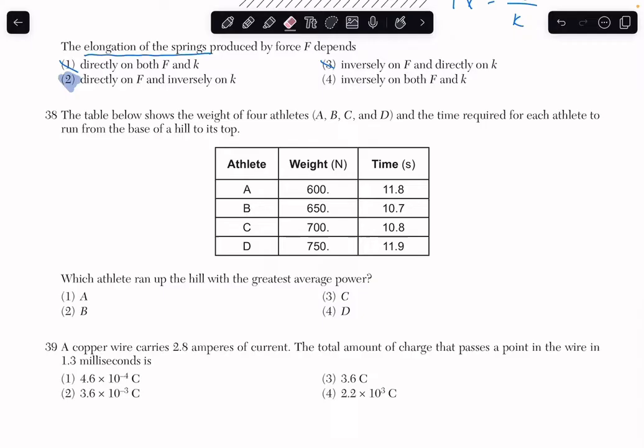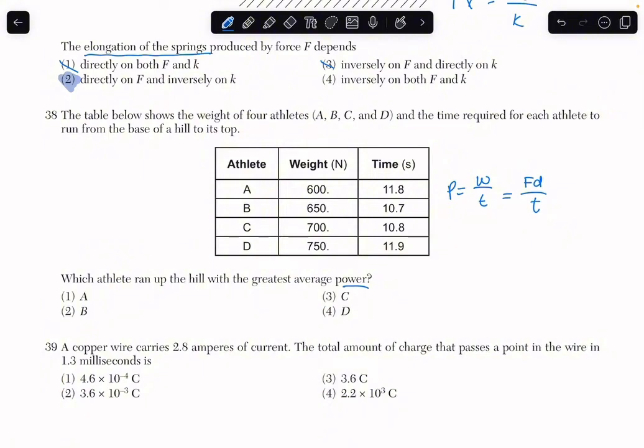38. The table below shows the weight of 4 athletes, A, B, C, and D, and the time required for each athlete to run from the base of a hill to its top. Which athlete ran up the hill with the greatest average power? So, the equation for power is power equals work over time, or force times distance over time. So, let's take a look here.